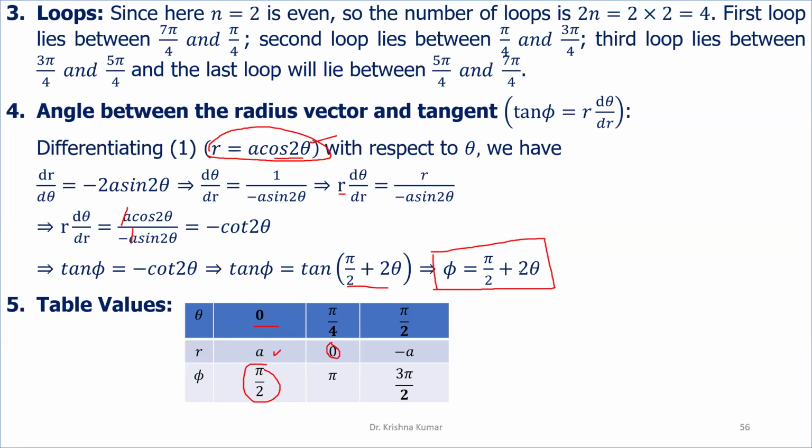And here phi is pi by 2 plus pi by 2, which is nothing but pi. The next thing is if you put theta equal to pi by 2, then cos pi is minus 1, so r is minus a, and phi is equal to 3 pi by 2.